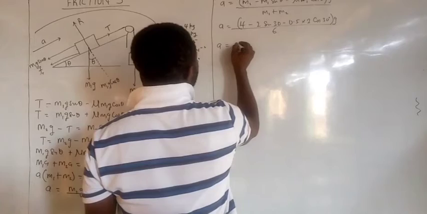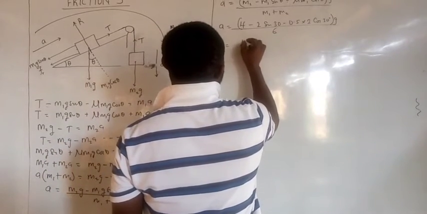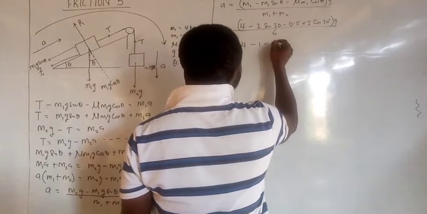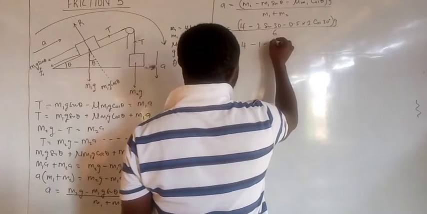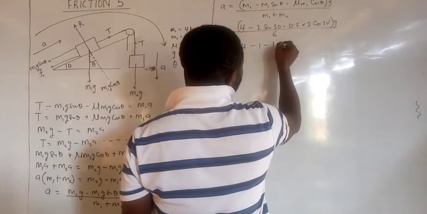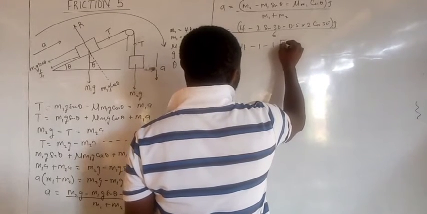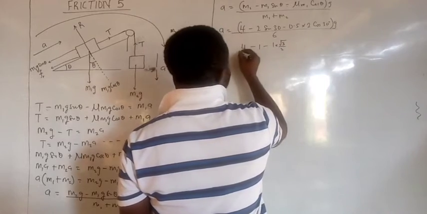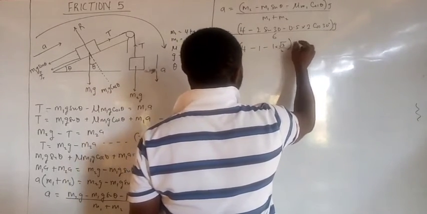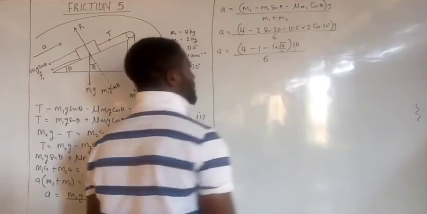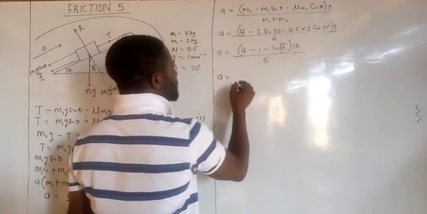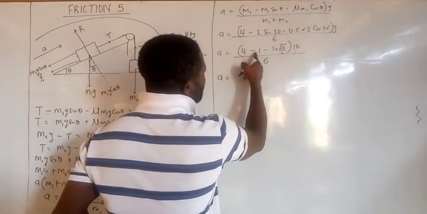So acceleration is equal to 4 minus 1 minus 1 cos 30. Cos 30 will give me root 3 over 2. So into bracket G, or my G is 10, all over 6. Okay, so here now acceleration is equal to 4 minus 1, 3.